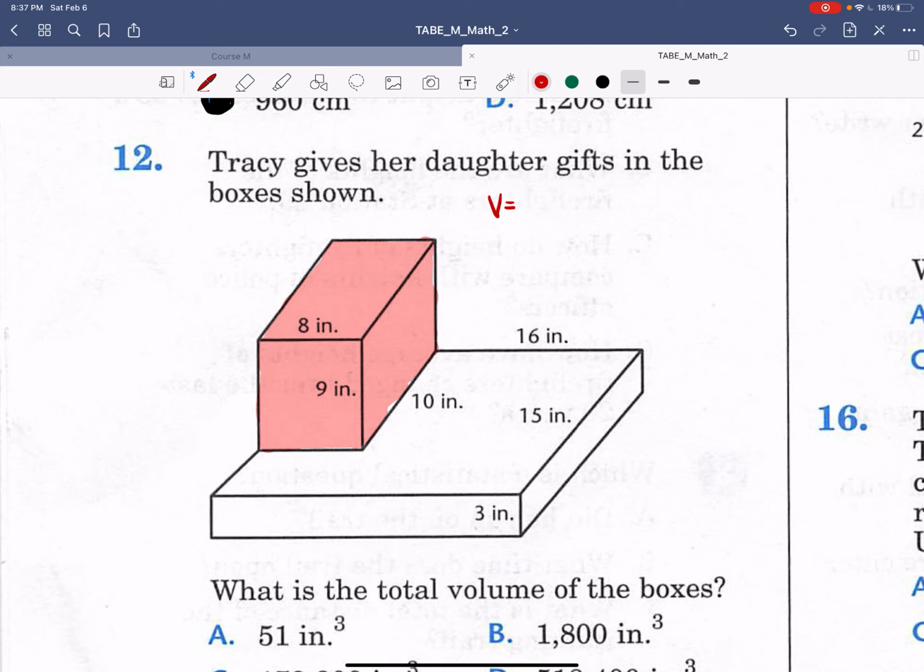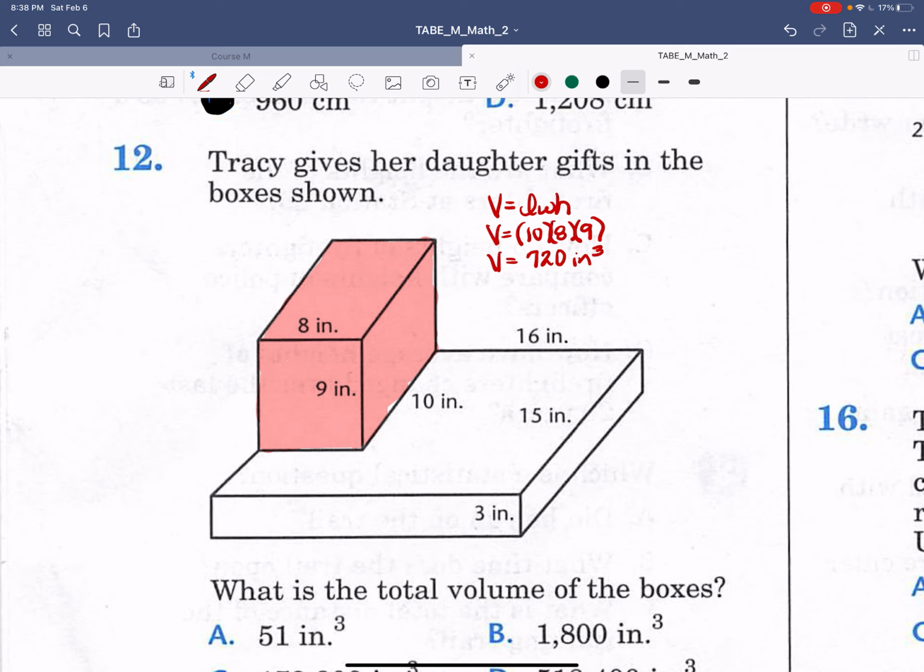The length is 10. The width is 8 and the height is 9. So I believe this is 720, but let's make sure. 10 times 8 times 9 is 720 cubic inches.